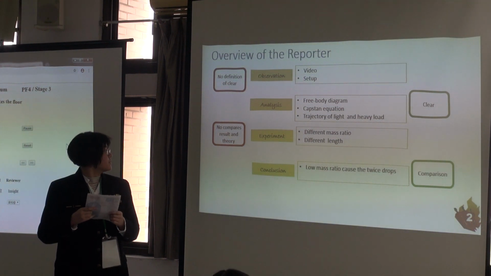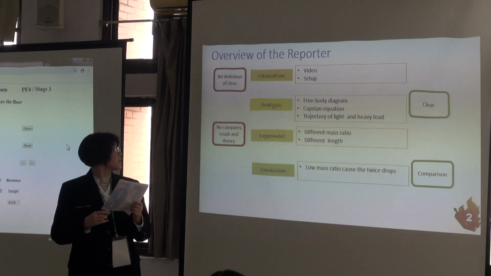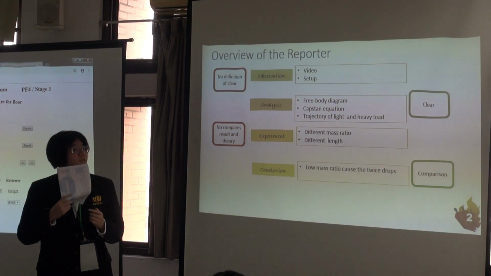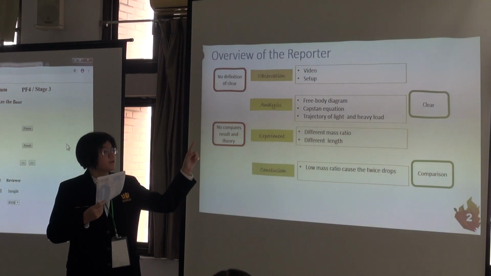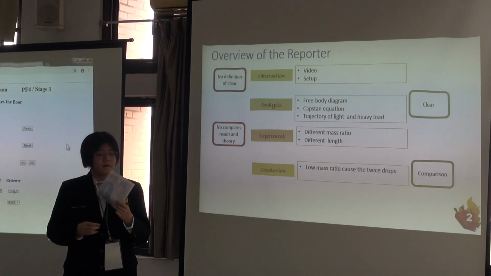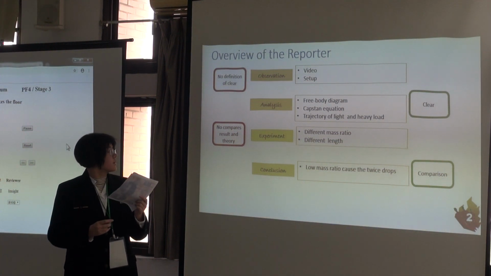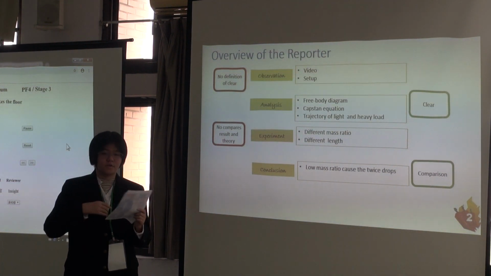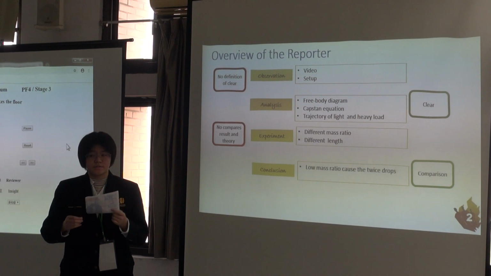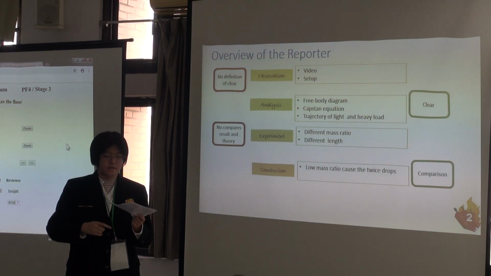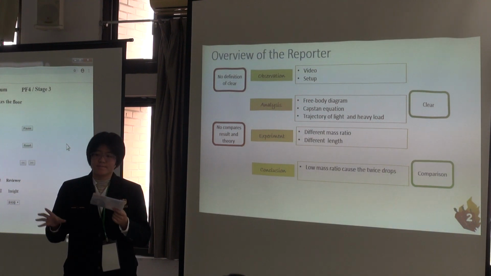And in their experiment, I think they have not compared the result with the theory, because they use a very abstract equation to explain how the friction works. I think they have to calculate the theoretical value of their friction force and make a graph of it.